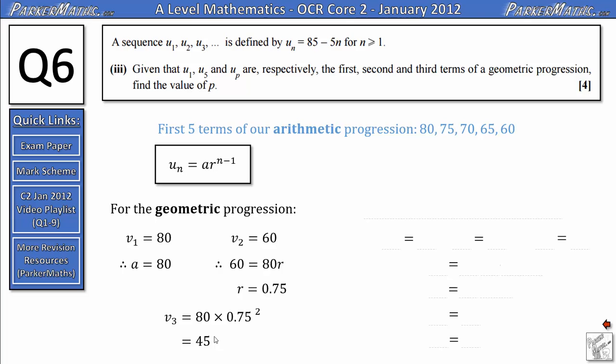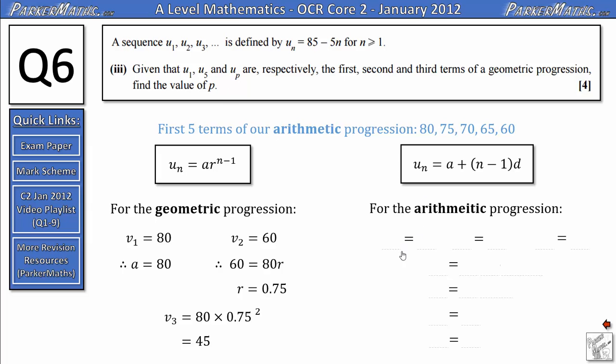So by finding the third term in our geometric progression up here, we have actually found the value of Up, which means we can go back to our arithmetic progression and say we know the first term is 80, we know the common difference is negative 5, and we know term Up equals 45. And if we use the formula from the formula book for the nth term of an arithmetic progression here, we will be able to find out what p is.